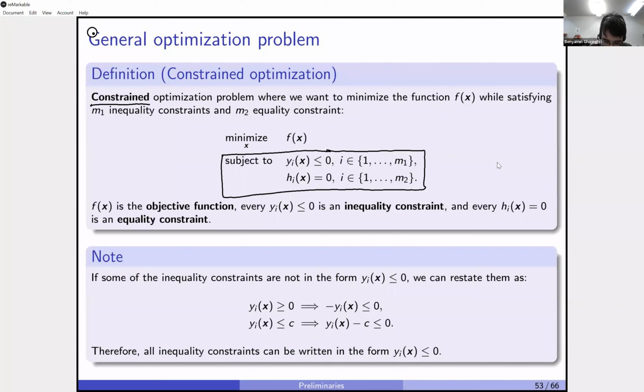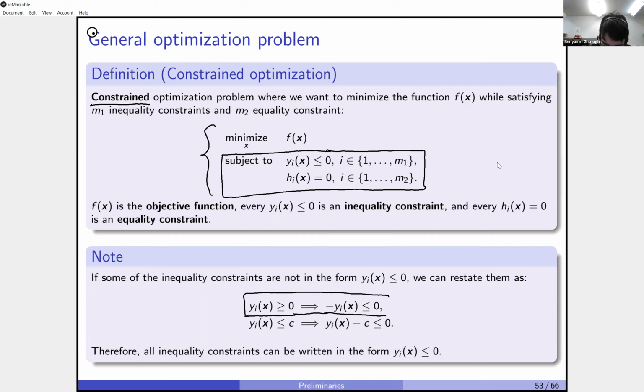You might be wondering how we should handle greater than or equal to 0, because here we are saying that all constraints are either less than or equal to 0 or equal to 0. So what if it is greater than or equal to 0? Then by multiplying it by -1, we can convert it to less than or equal to 0.